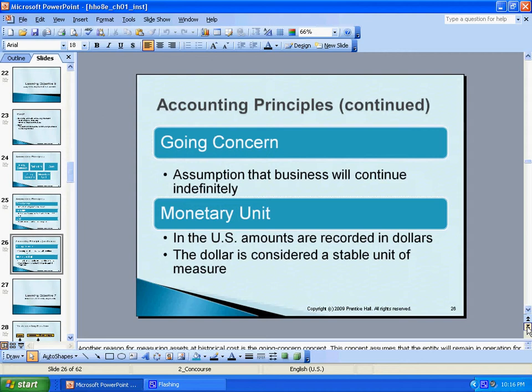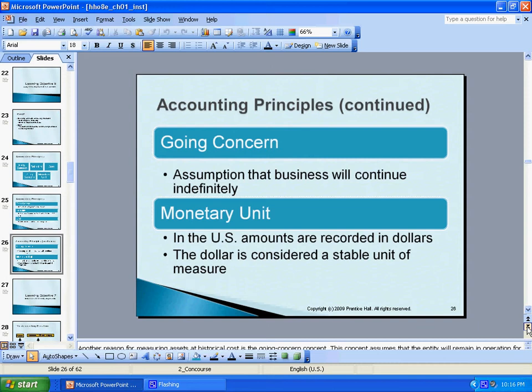And the last accounting principle we have in objective number 6 is the monetary unit. We state accounting information in terms of US dollars. We consider the dollar to be a stable unit of measure. Now, we all know that inflation comes into play now and again. Look at the price of gas.